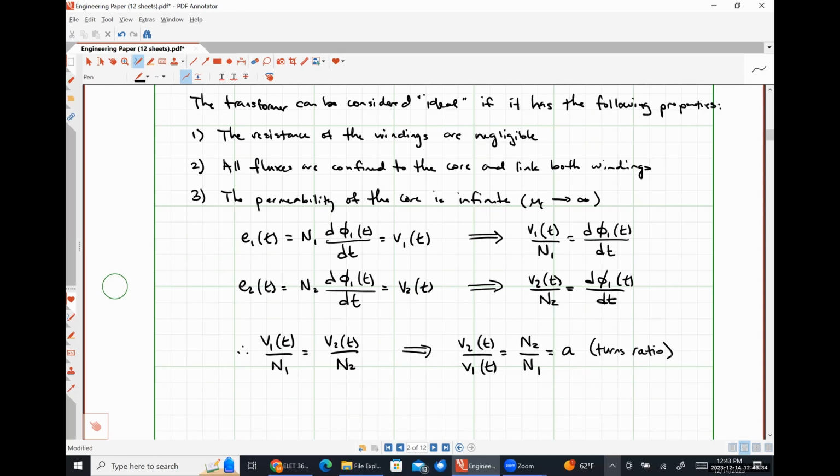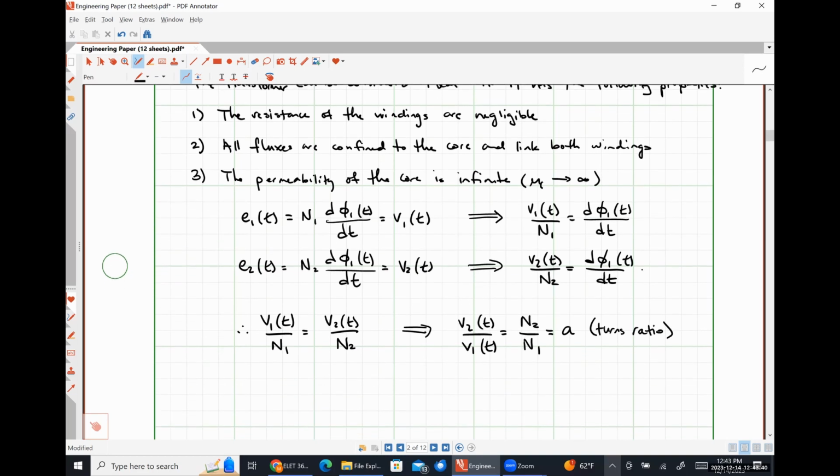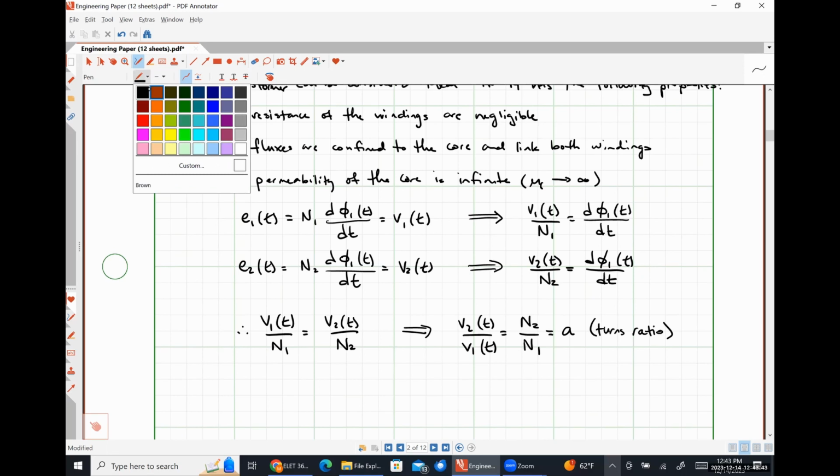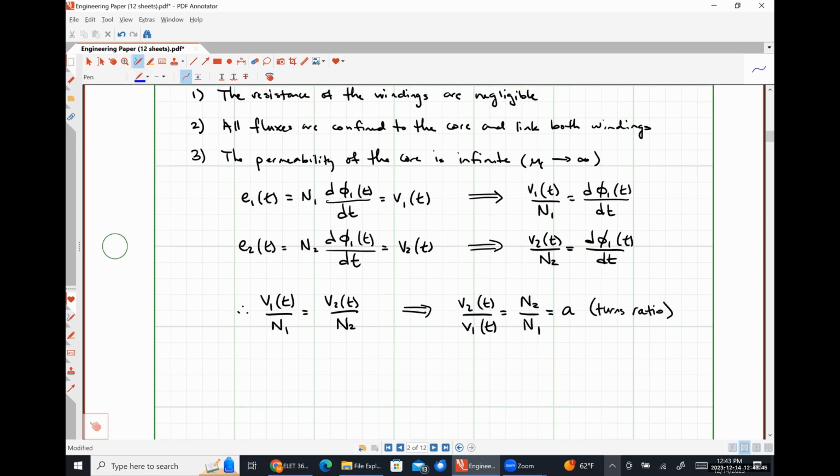So we can manipulate this a little bit here. I'm going to do this in blue because this is kind of an aside thing.